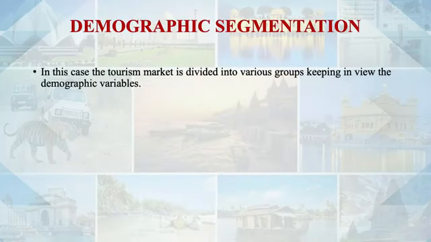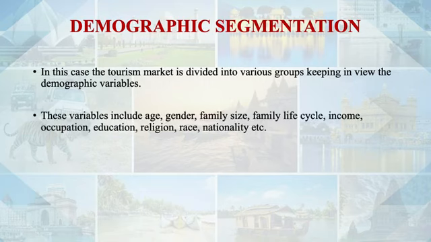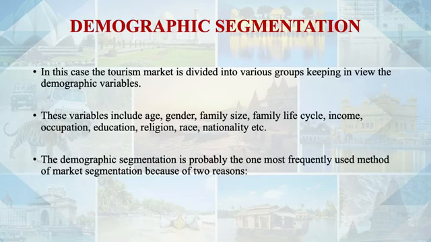Next, we have the demographic segmentation. In this case, the tourism market is divided into various groups, keeping in view the demographic variables. So what are the demographic variables? This includes age, gender, family size, the family life cycle, income, occupation, education, religion, race, nationality, etc. Demographic segmentation is probably the most frequently used method of market segmentation because of two reasons.